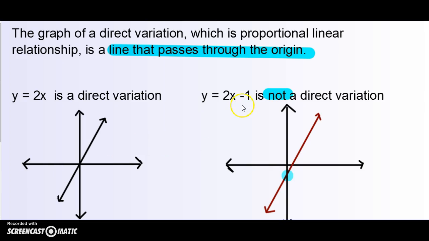So if it has something after the x, like a -1 or a +5 or a -4, then it's not passing through the origin. So you would say then it's not a direct variation, just looking at the graph.